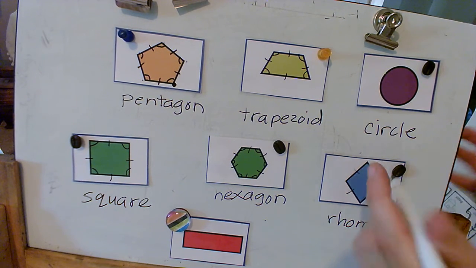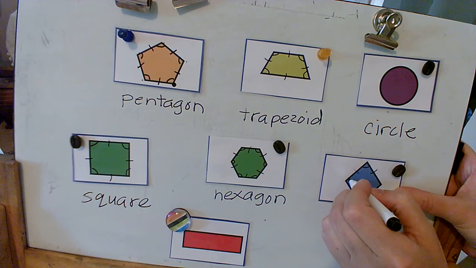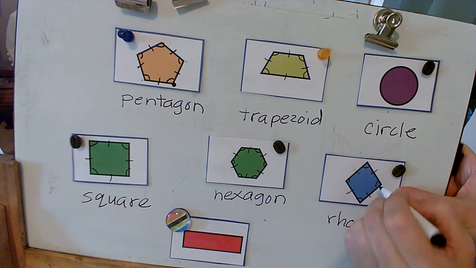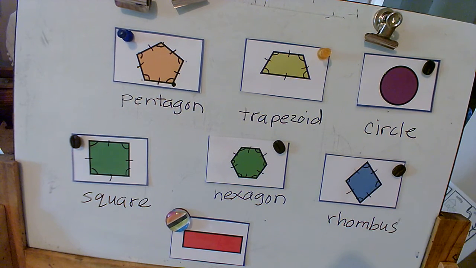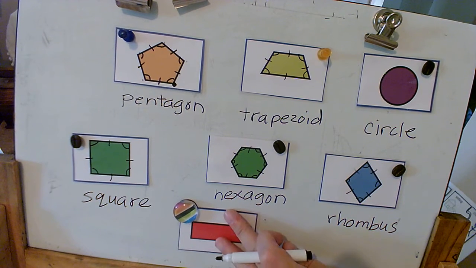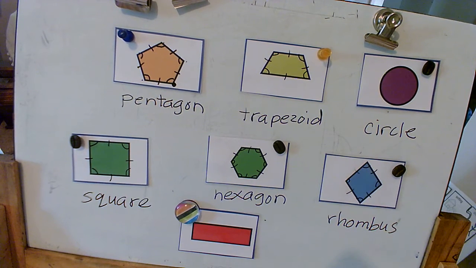How many angles does it have? 1, 2, 3, 4. 4 sides, 4 angles. What's the name of this special shape? Well, it has 1, 2, 3, 4 sides, so I know that it's a quadrilateral, but it's got another name as well.